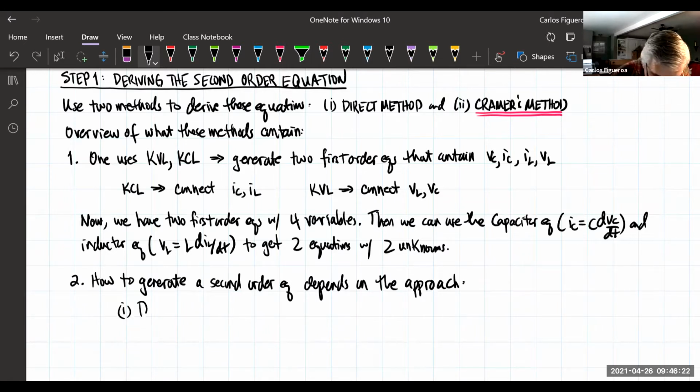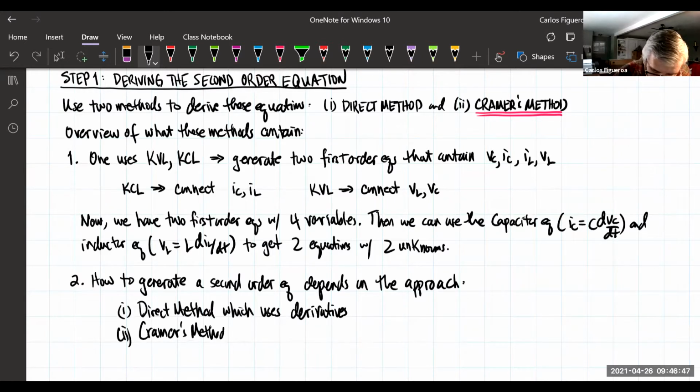One, we could use the direct method, which uses derivatives, or two, we could use Kramer's method, which uses operators.